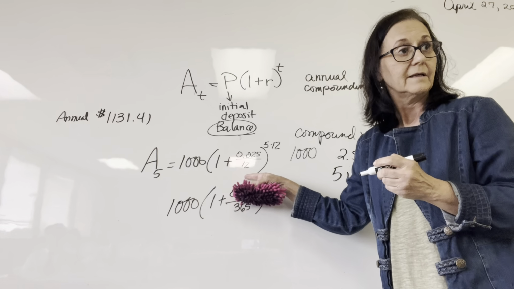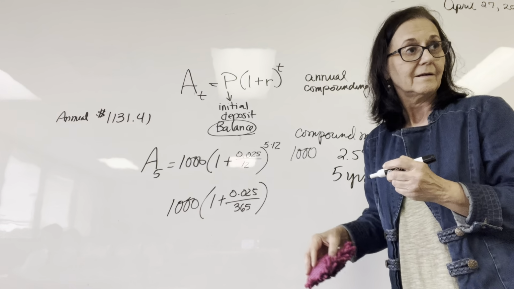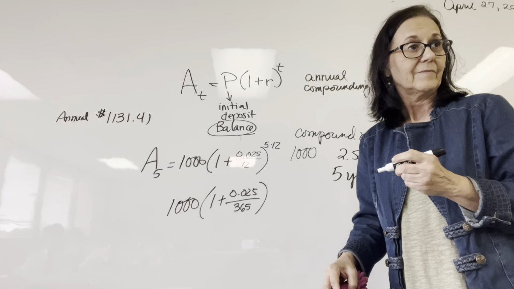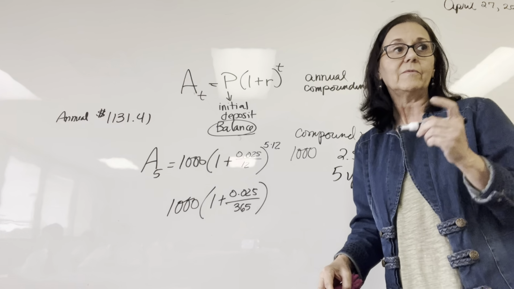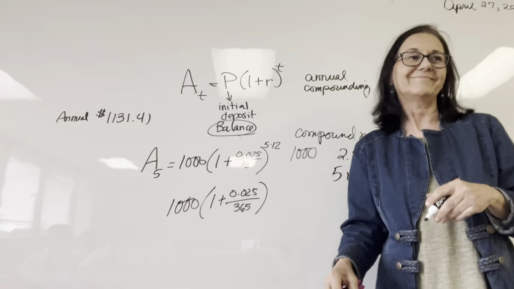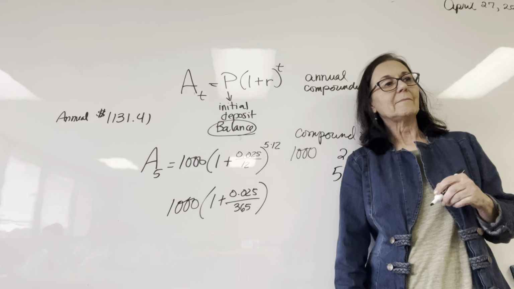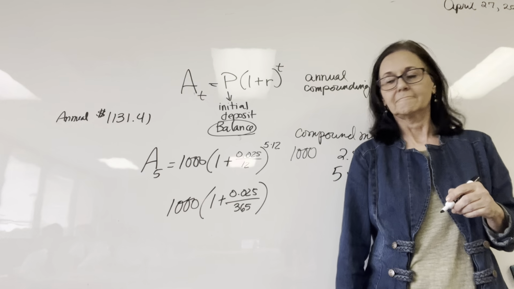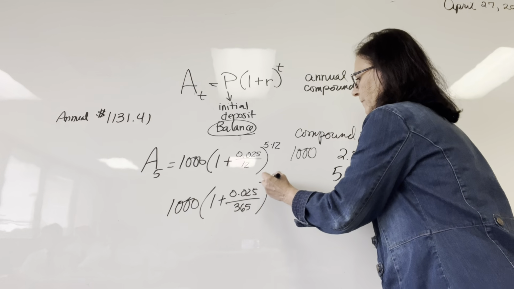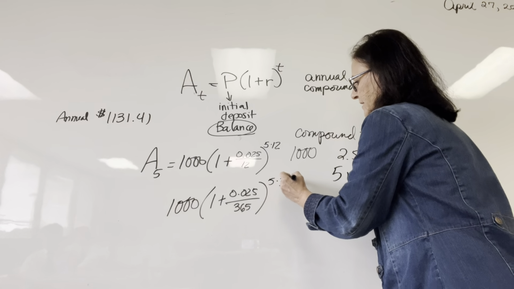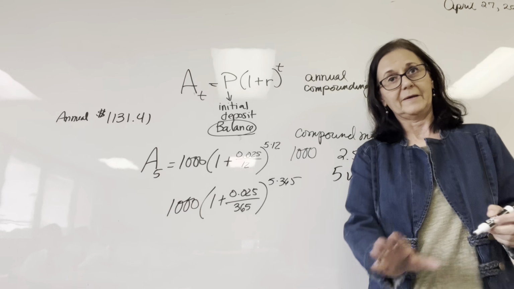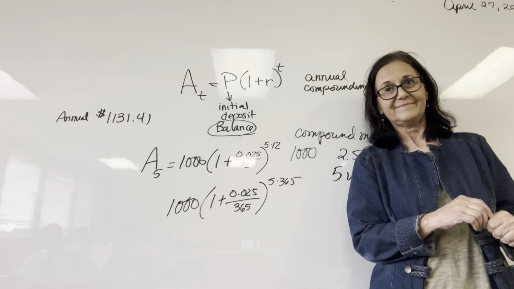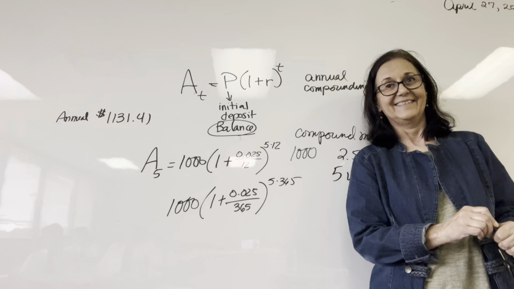What if you wanted to do it over like 17 days or something random? You'd have to figure out how many 17-day periods there are in a year, right? And then that would be 5 years times 365 days. Okay, but 1133.14 would make 14 cents. There we go. How about that?